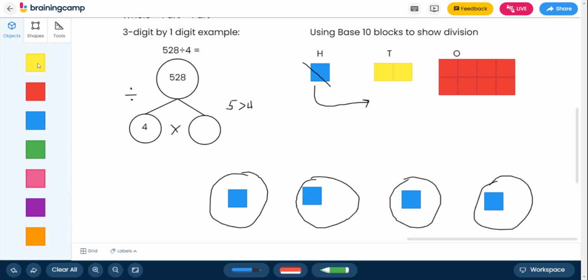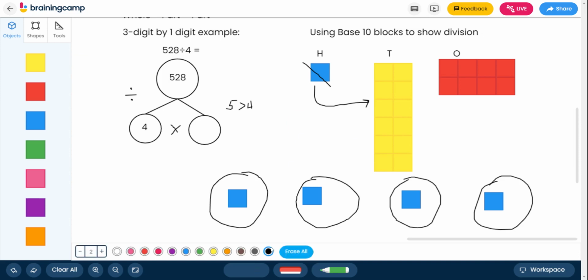And that's what we're going to get. All right, it's going to take some time to put it down, but we'll get it done. 1, 2, 3, 4, 5, 6, 7, 8, 9, and 10. Right? So we have 10 tens plus our 2 tens here.